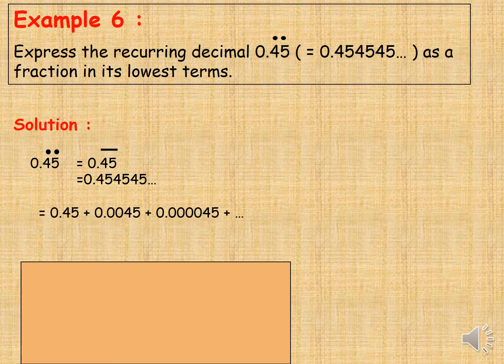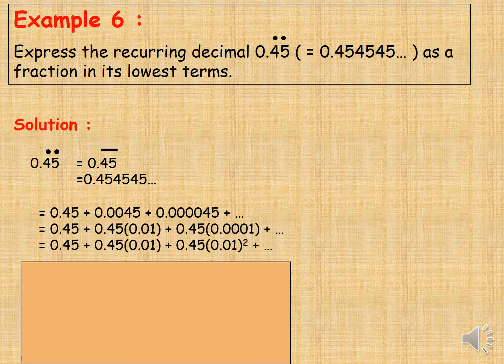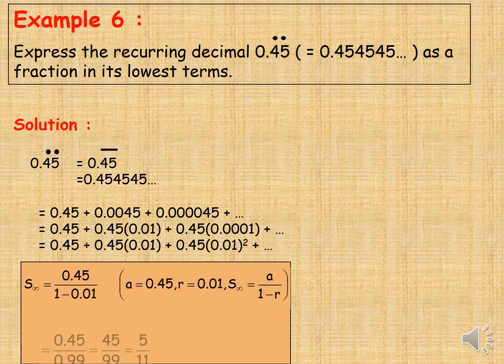Simplify into a series until we see the pattern of the sequence is a geometric series. Now we see a is equal to 0.45 and r is equal to 0.01. Substitute a and r into S infinity. So S infinity is equal to 5 over 11 in its lowest terms.